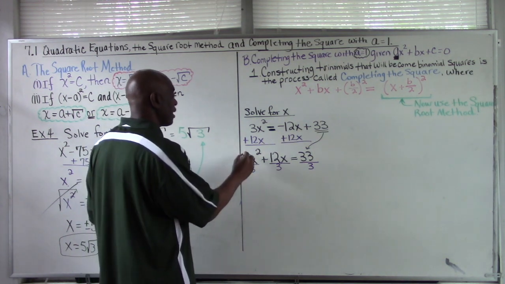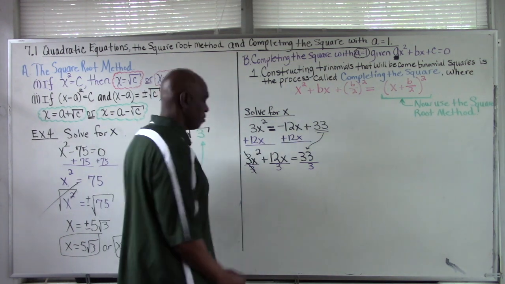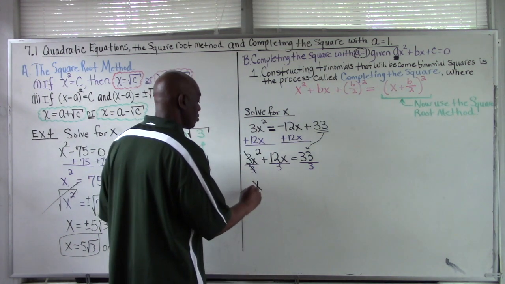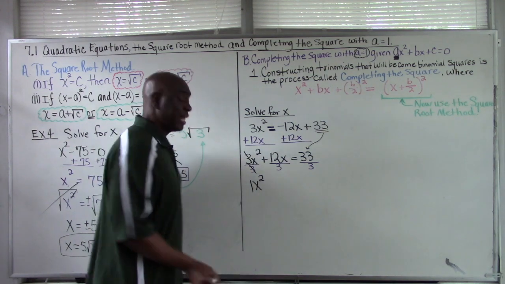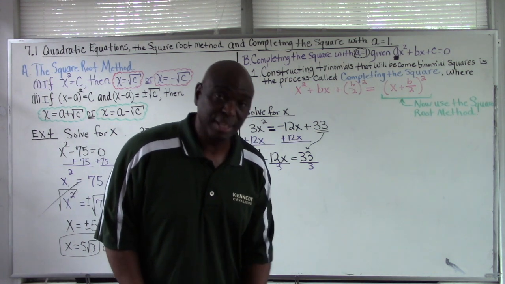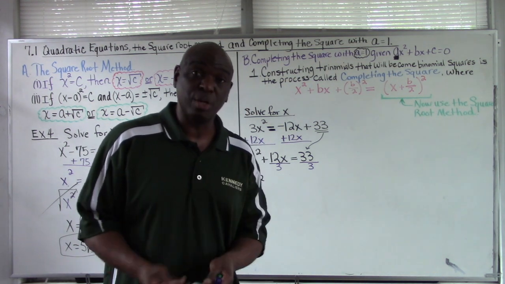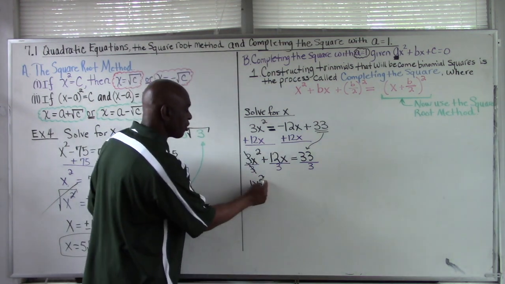Three over 3 cancels out. And now we have a 1. So x squared, and guess what? There is a 1 right here. That's what we want. You cannot complete the square if that is not a 1. That lead term must be a what? 1.